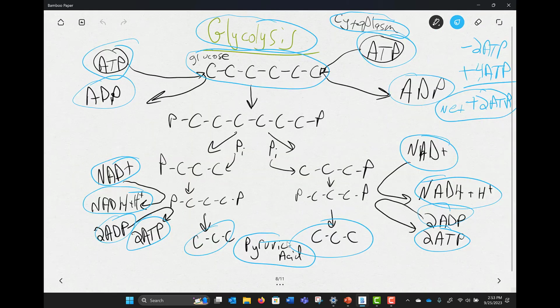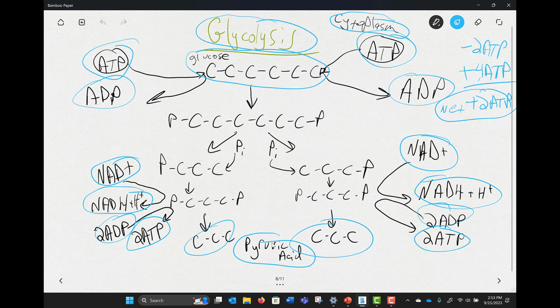As pyruvic acid starts to build up, then what ends up happening is some of the electrons and protons are put back on to the pyruvic acid, trying to free up some NAD pluses. When we put those back onto pyruvic acid, it becomes something called lactic acid.